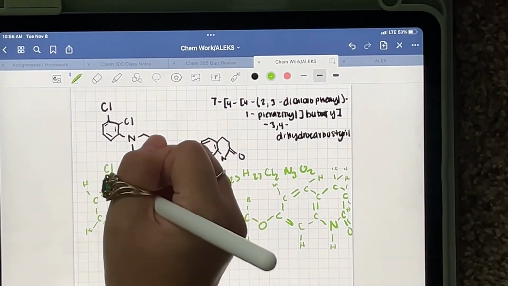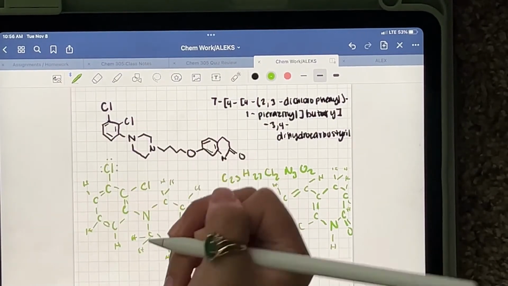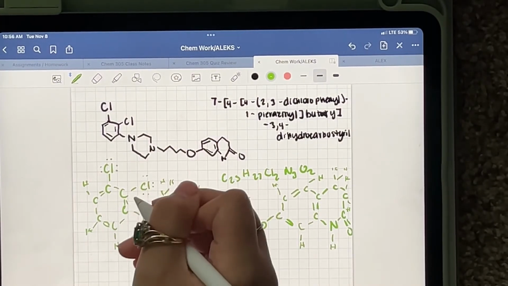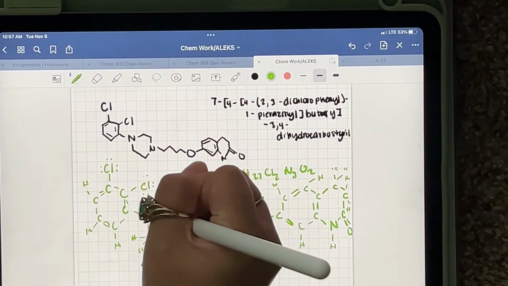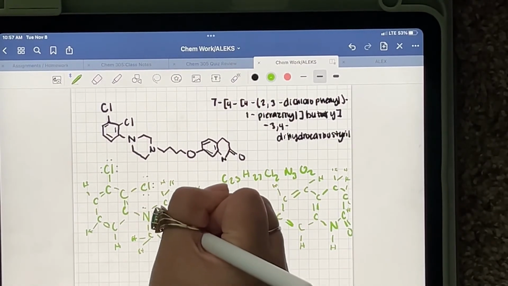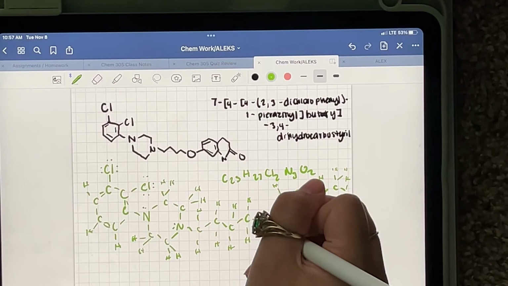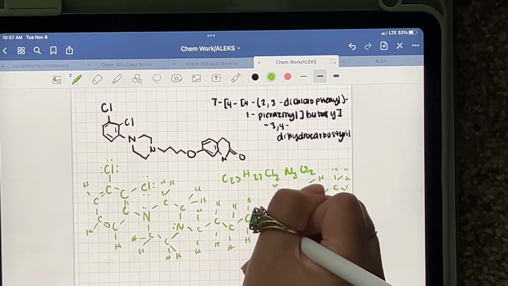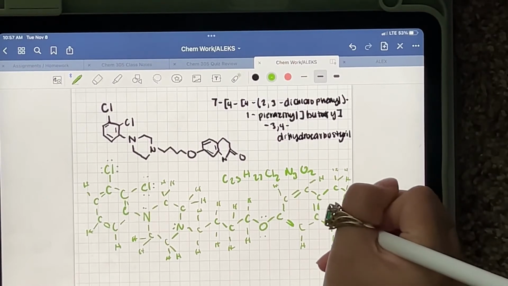So chlorine has only one bond, so we would add 6 electrons right here. Another chlorine, so we'd add 6 right here, because as we know there's only 1 pair going here, so it still has those electrons left over. Nitrogen, it has bonds going 3 ways, so that means it has a lone pair left over, and then same thing right here. And then oxygen, it has 6 valence electrons normally, and then it has 2 being shared, so then you add 2 lone pairs, and then same thing right here, and then nitrogen right here.